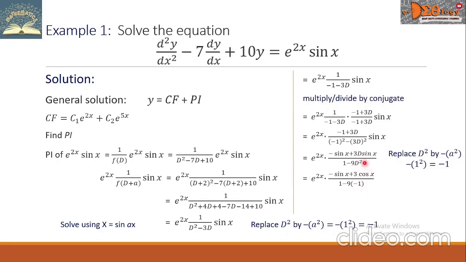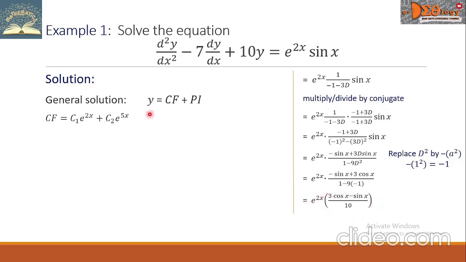But look at our numerator. This negative sine x will be the same, plus the 3 times D sine x means we take the derivative of sine x. That's why you see cosine x here. And we simplify our denominator to positive 10. So this is now the value of our PI.